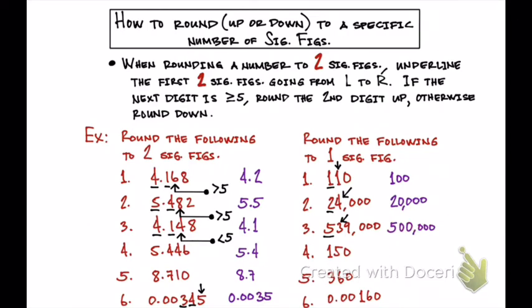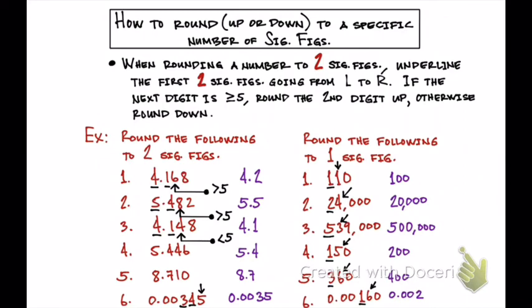Number 4, 150. We would round it up to 200. 360, we have the second digit is 6, so we round this up to 400. And the last one, 0.00160, again the first significant digit from left to right is the number 1, so you would underline that, and since 6 is greater than 5, you would round this up to 0.002, because we're only rounding it to one sig fig.